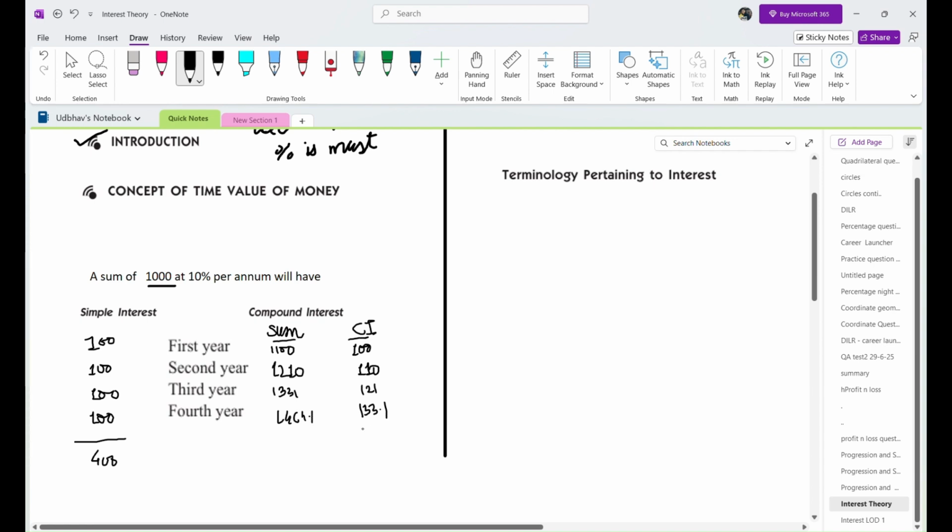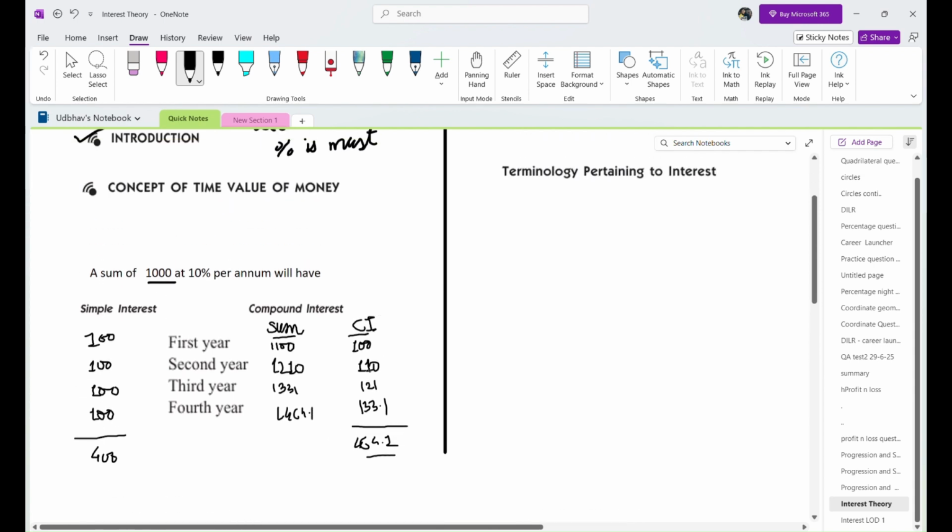So our total compound interest will be 100 plus 110 plus 121 plus 133.1. That will be 464.1 rupees. So that's how we calculate the compound interest.